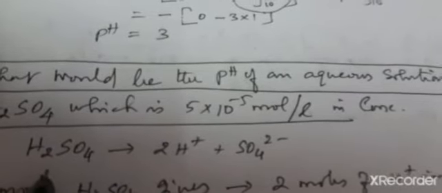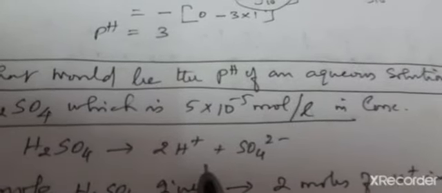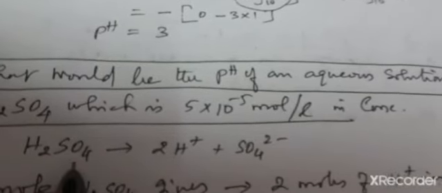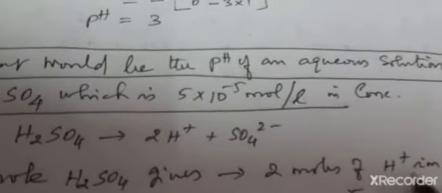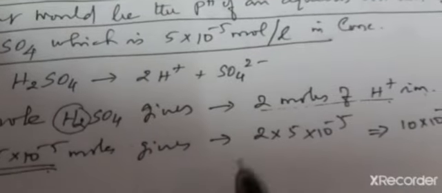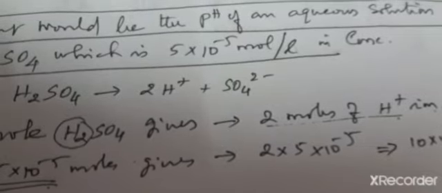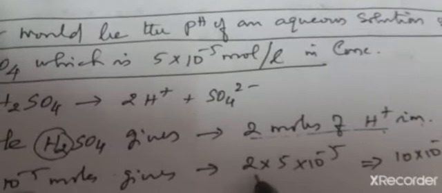In aqueous solution, it immediately displaces 2 H plus ions. 1 mole of sulfuric acid contains 2 moles of H plus ion. Here in the question it is given 5 into 10 power minus 5 mole per liter. Each mole displaces 2 H plus ions, so you have to multiply by 2.